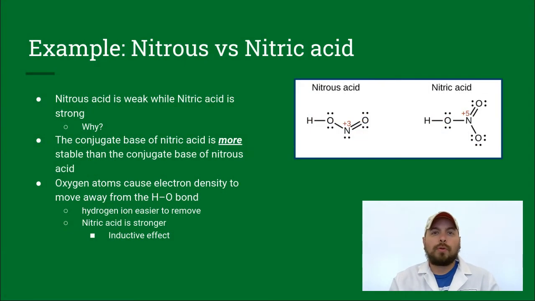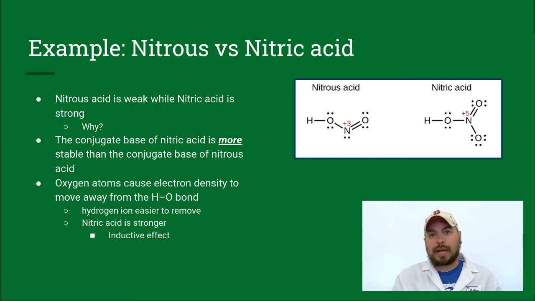The way polarized bonds impact oxyacids is through the idea of induction. And so when we have an oxyacid, like for instance, nitric acid, HNO3, the hydrogen is bound directly to the oxygen. As a result, what ends up happening is the other two oxygens are pulling away electron density from that hydrogen bound to the first oxygen.